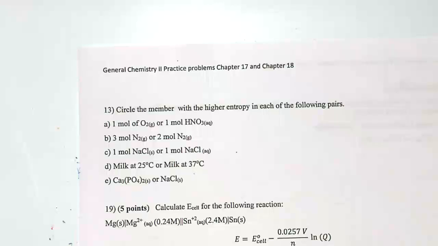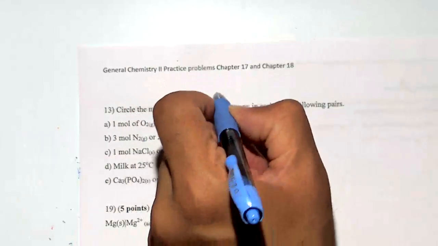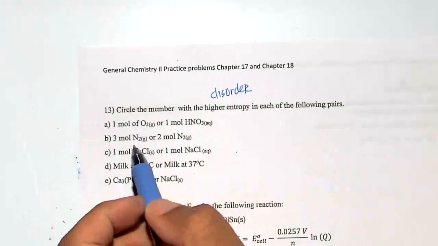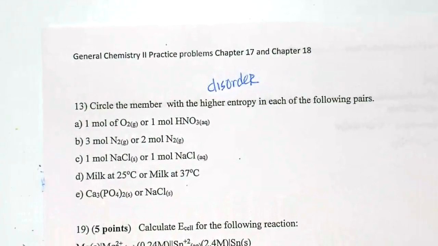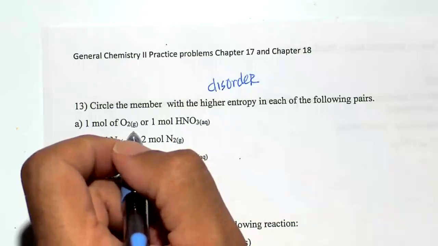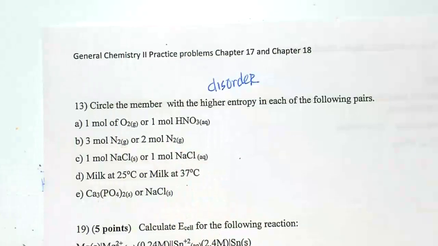We went over this at the beginning of the class. Higher entropy, we're looking for a positive S or delta S. Entropy is disorder. So which is more disordered, 1 mole of O2 gas or 1 mole of HNO3 aqueous?